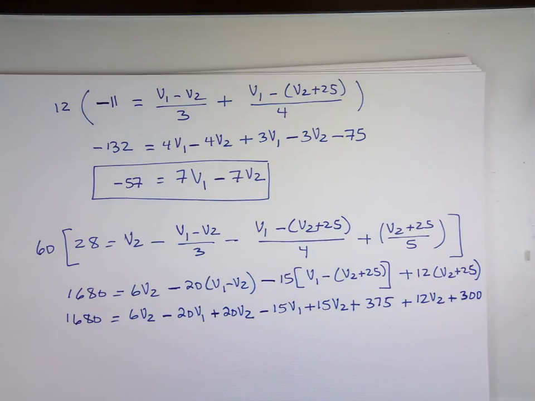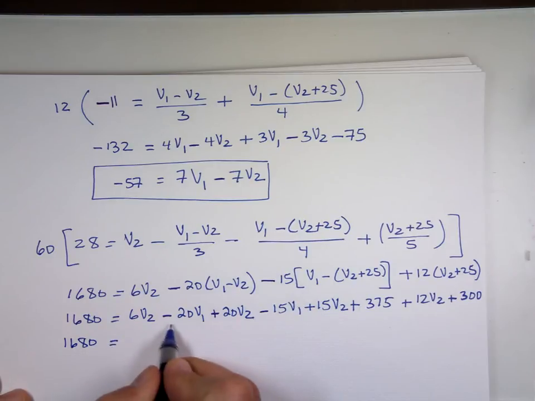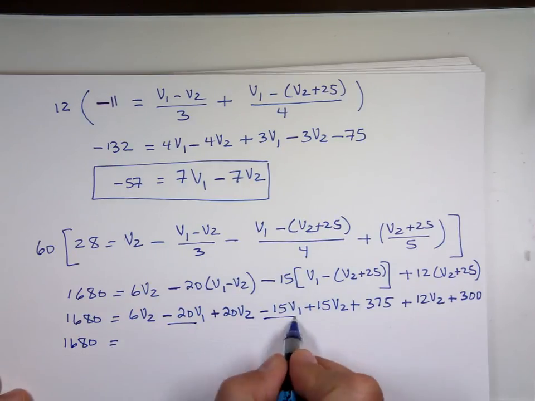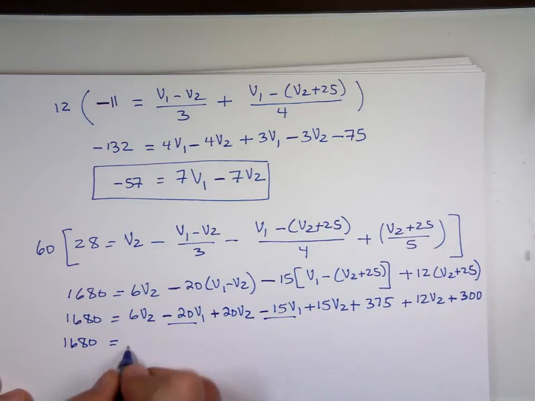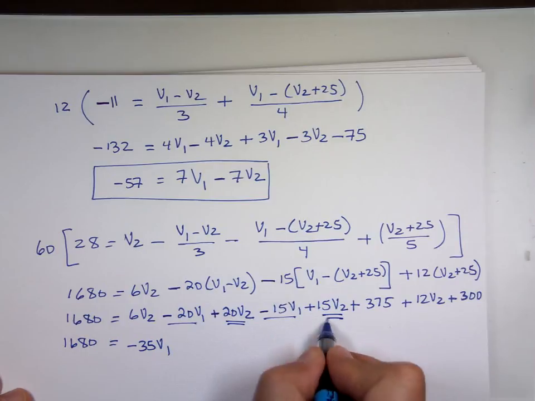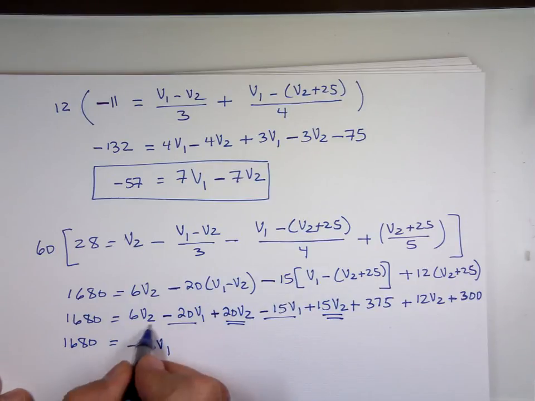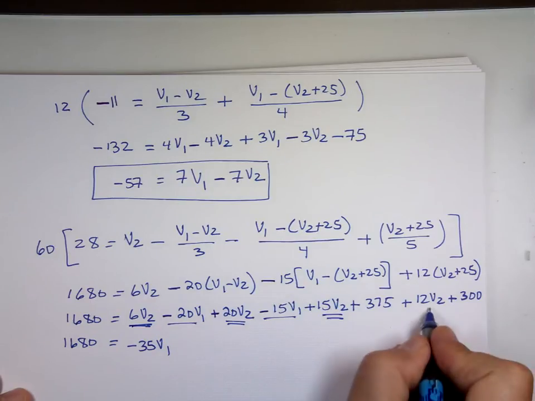And now collect like terms. Negative 20V1 minus 15 is negative 35. V2, 20, 35. Is that 41? 41, 53, I think, right?